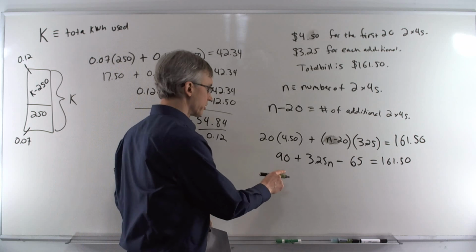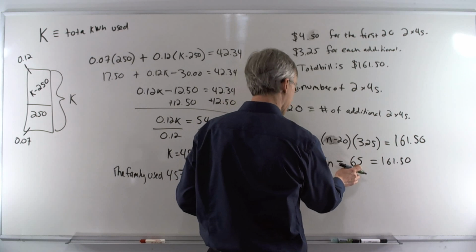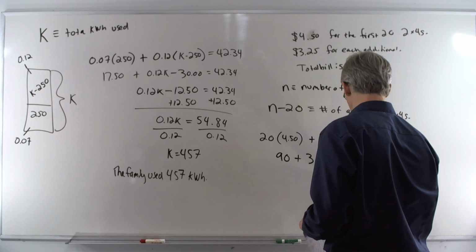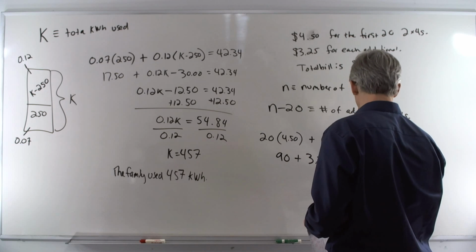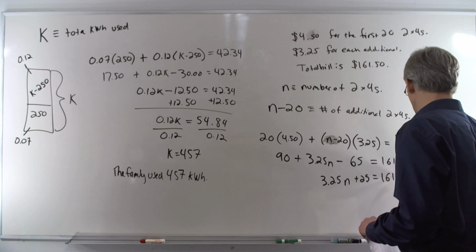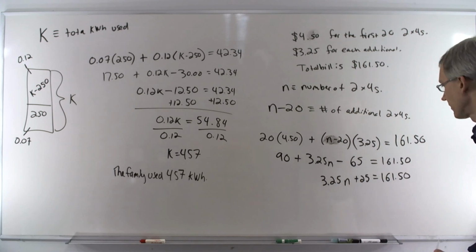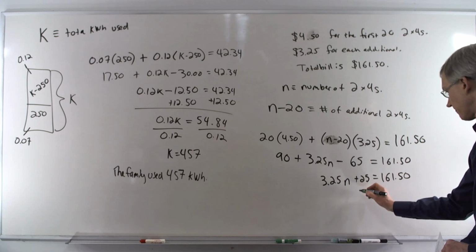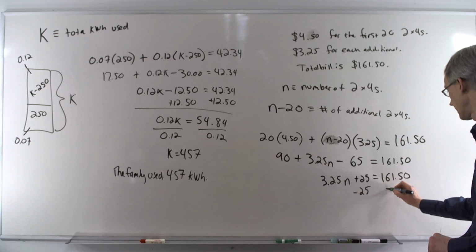Now we can combine like terms. 90 minus 65, so that's 25, so we get 3.25n plus 25 equals 161.50. Subtract the constant from each side.